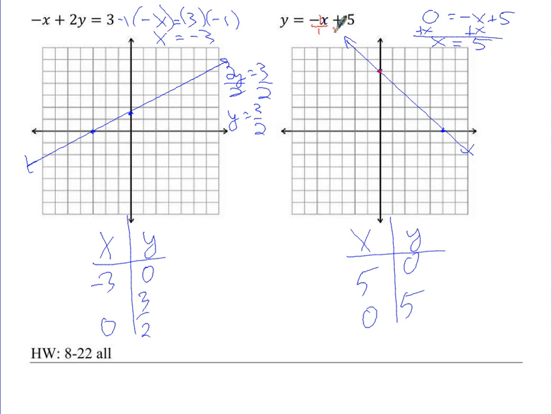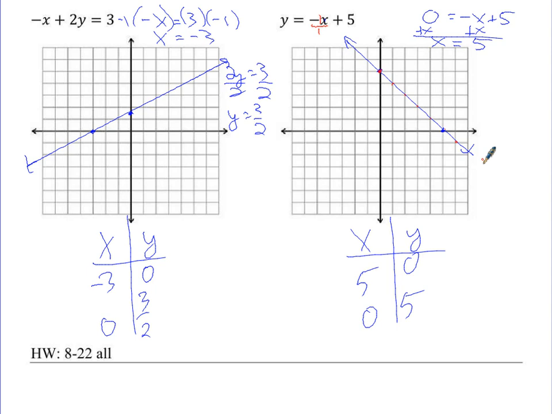So -1 means from here I go down 1 and then right 1. Down 1, right 1, down 1, right 1. Look at that. With slope-intercept form, using the slope and the y-intercept, I get exactly the same line. And I should. You're only going to get one graph for an equation, no matter what form it's in. So it's kind of a nice thing to see on that last one.